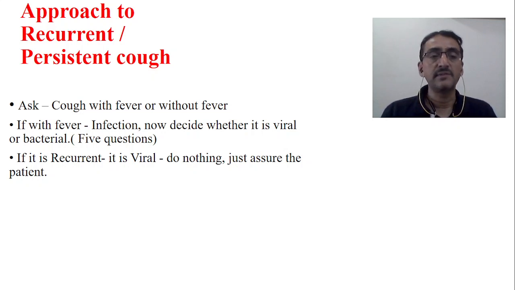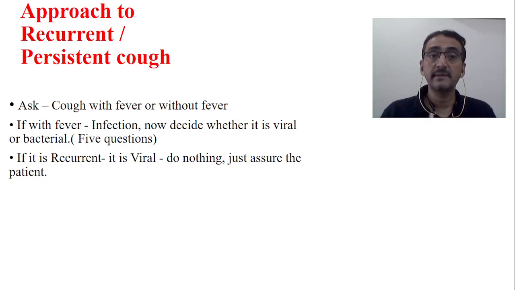Five questions: mode of onset, interfebrile period, response to antipyretic, the state of the fever on the 4th and 5th day, and the rhythm of the fever. By that you can very clearly identify whether it's a bacterial fever or viral fever.